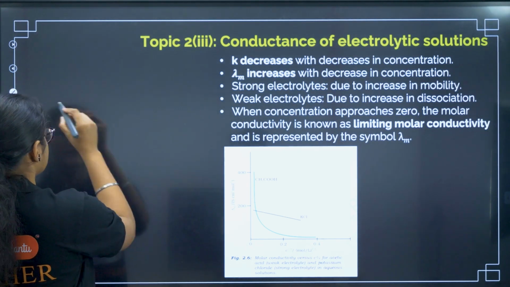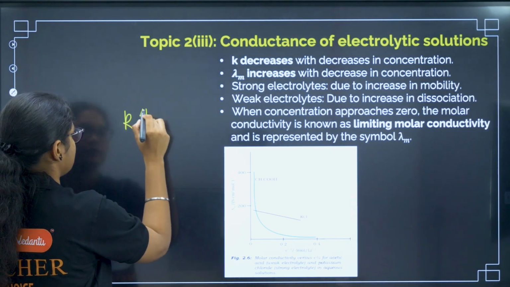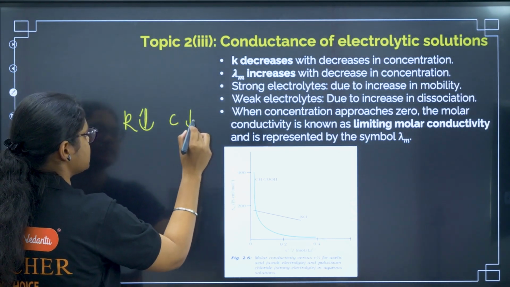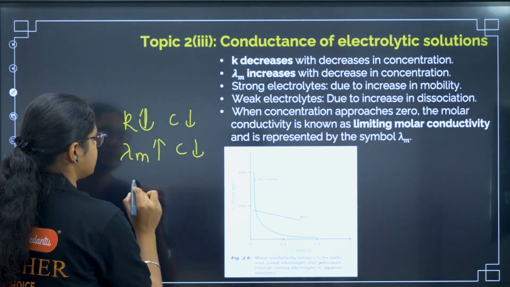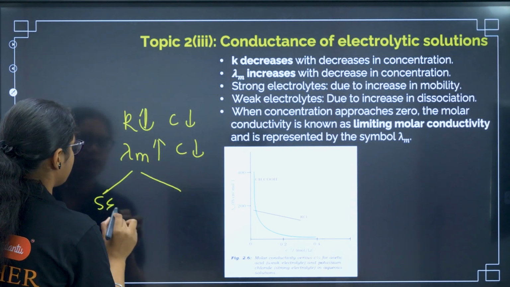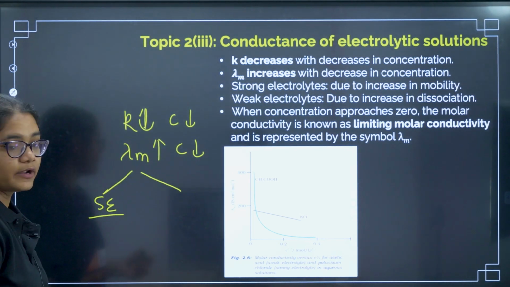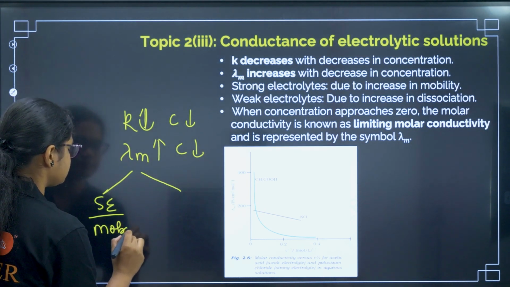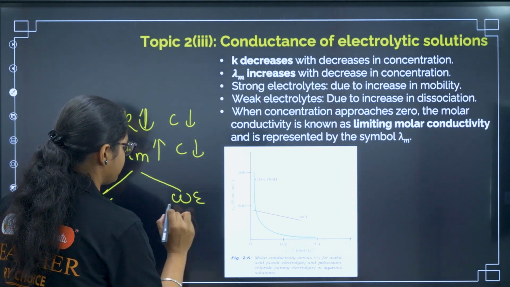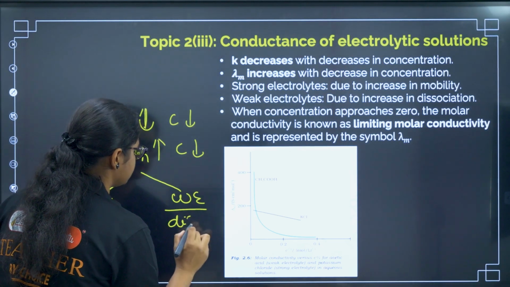Let us once again revise. Kappa decreases when concentration decreases. Lambda m increases when concentration decreases. For strong electrolytes, the reason is that mobility increases. And what is the reason for weak electrolytes? Dissociation increases.